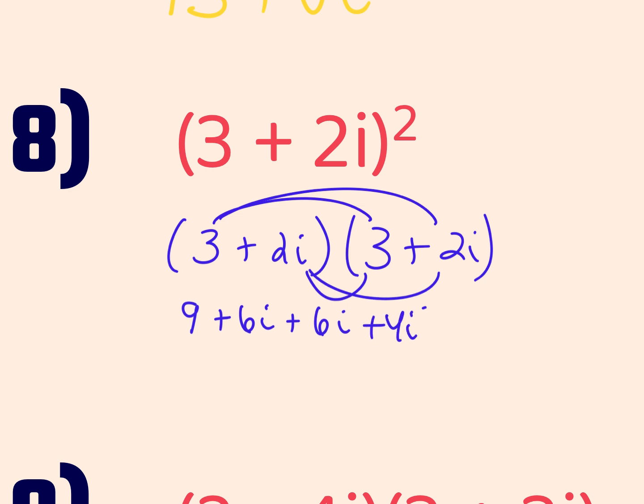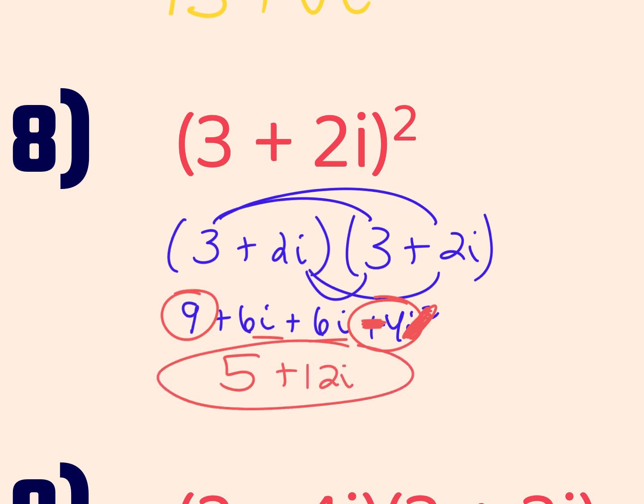Plus 4i squared. Uh-oh, I see an i squared. What do we do? Cross it off and change the sign. Good. So this becomes 9 minus 4, which is 5. Yeah? And then what is 6i plus 6i? Can I combine any more? No. There you go.